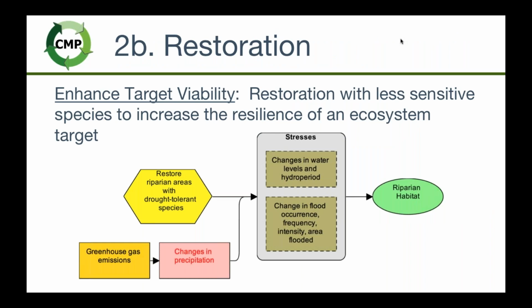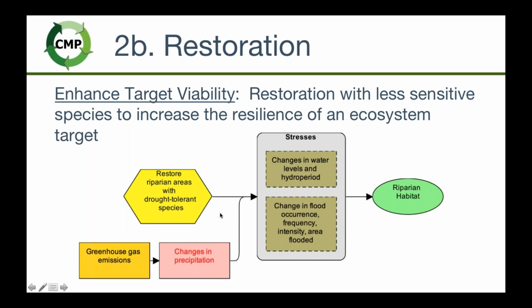Okay, so our next subcategory is restoration. In this case, our example is the team's working to conserve riparian habitat, which is affected by changes in water level and hydroperiod and changes in flood occurrence, frequency, intensity, and area flooded because of changes in precipitation.